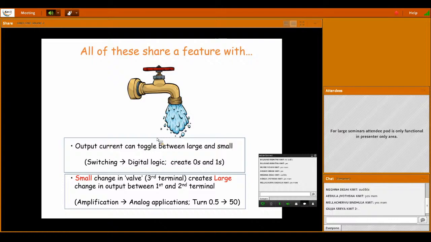The smaller signals are now amplified, and then given to the loudspeaker. With that, we can transmit our audio signals, which are in the range of 20 Hz to 20 kHz, to a longer distance. So these are some examples, or practical applications, of a transistor.